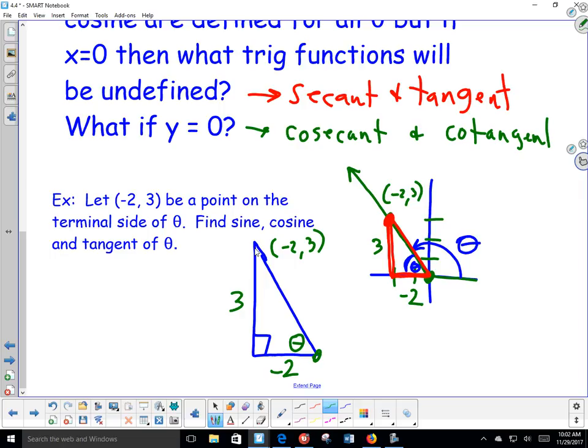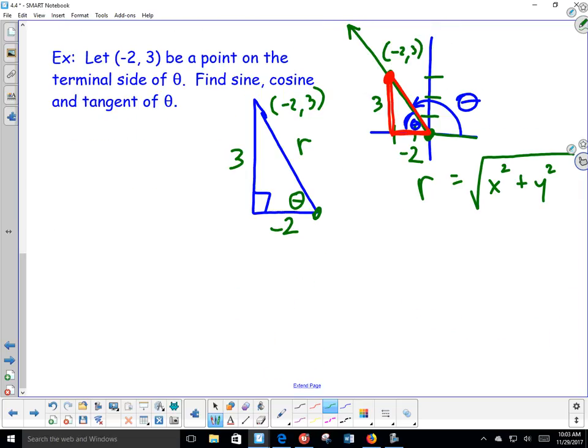We need to find r. That's this hypotenuse, right? And our formula for r is what? Dylan. The x squared plus the y squared, and then we take the square root of that. So we need to find this length r, so it's going to be the square root of (-2) squared plus 3 squared.